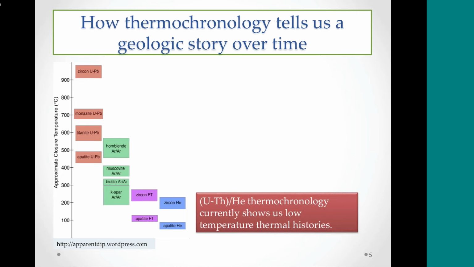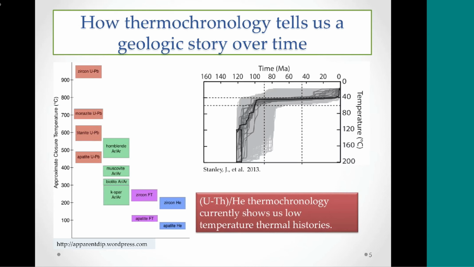You can see that right now, uranium-thorium-helium dating only tells us the low temperature thermal histories of a unit. The way I like to think of it is that uranium-lead dating is like the birth certificate of a unit. That's where it started out. And we're trying to find that thermal history, which is like the photo album of the unit. We're trying to build those pictures together to portray that whole unit history. So that's one way you can think of it.